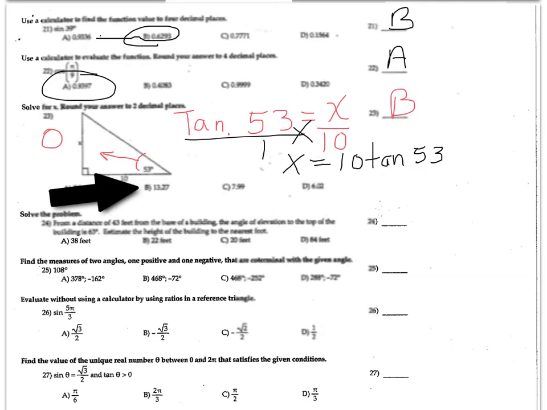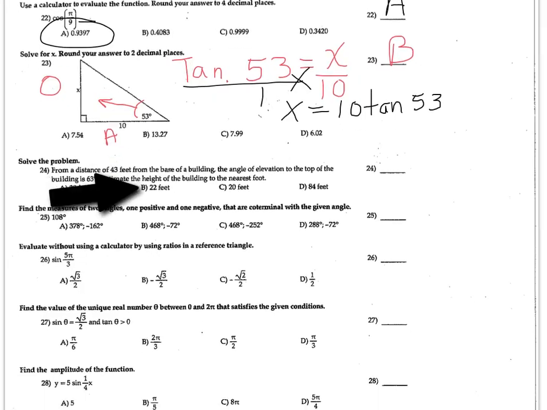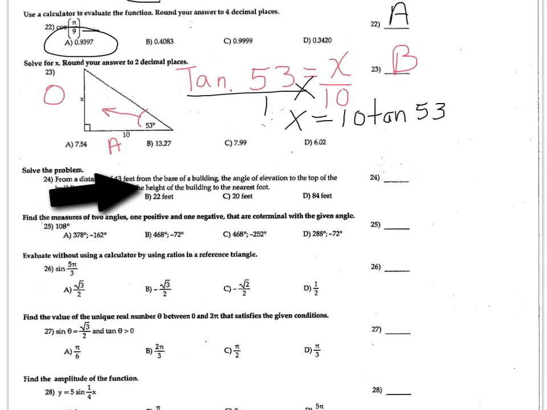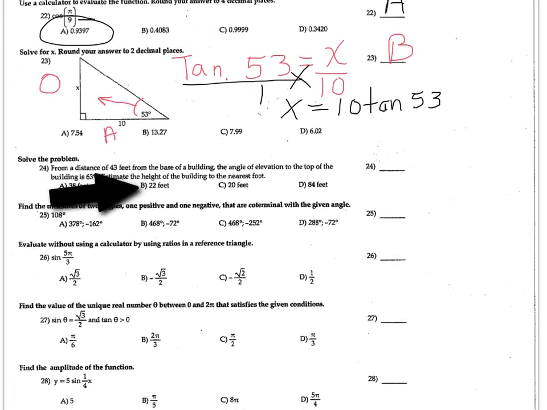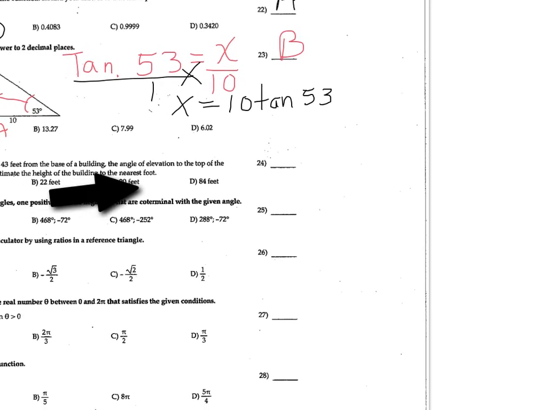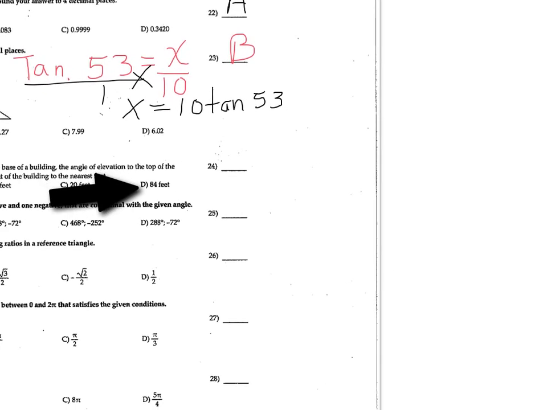Number 24. From a distance of 43 feet from the base of a building, do you draw a picture for that problem? 24? Yes, you need to draw a picture for something like that. So for number 24, what is the answer? It's supposed to be D.